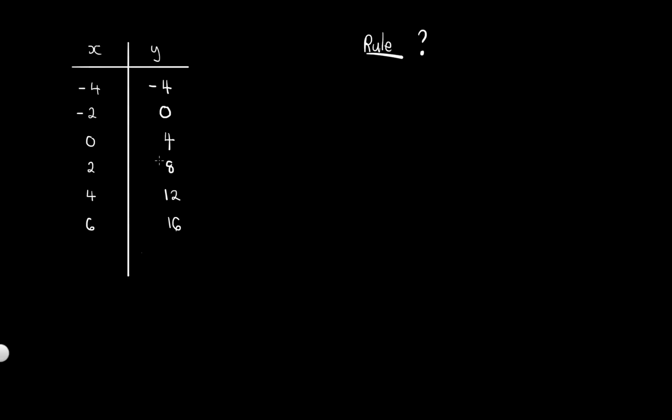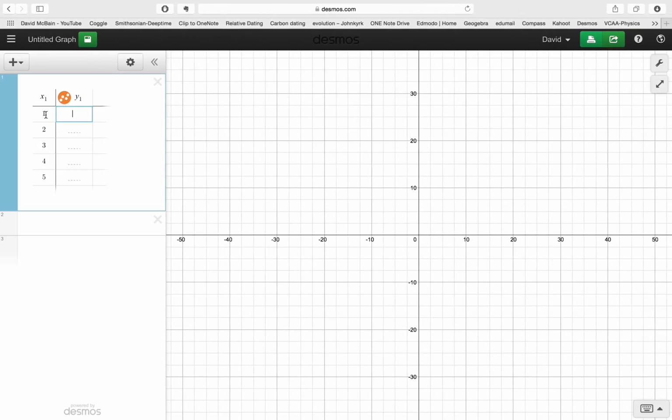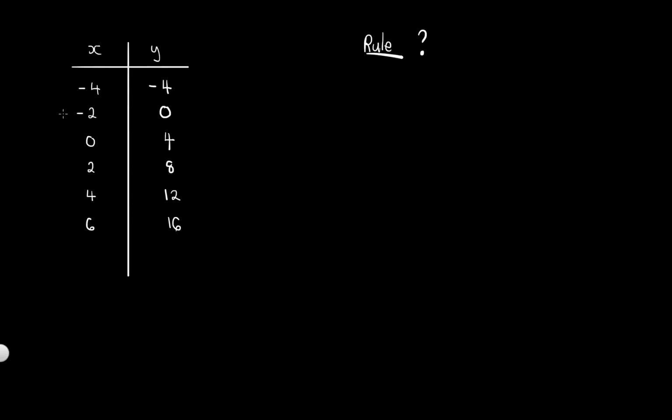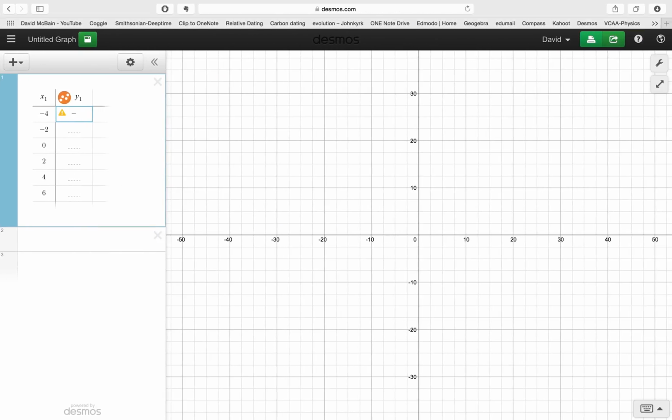Our x values were negative 4, negative 2, 0, 2, 4, 6, and our y values were negative 4, 0, 4, 8, 12, and 16.